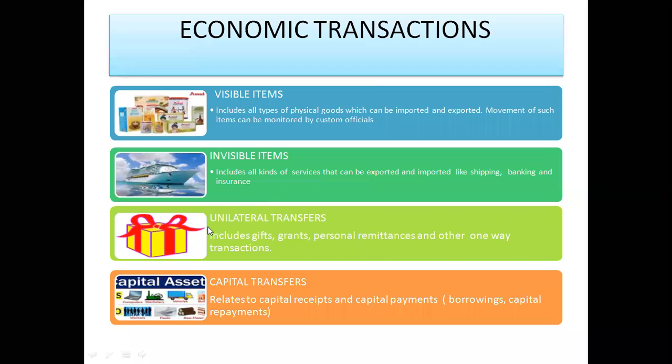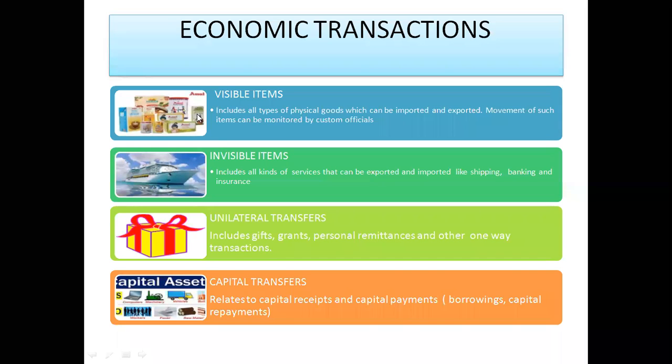Third, unilateral transfers. Unilateral transfers means one-sided transfers, where one-sided payment is being made or received, whether due to donations, grants, personal remittances, or gifts.